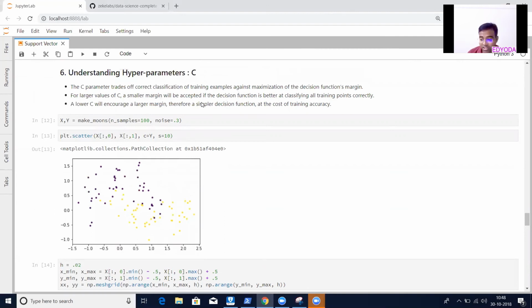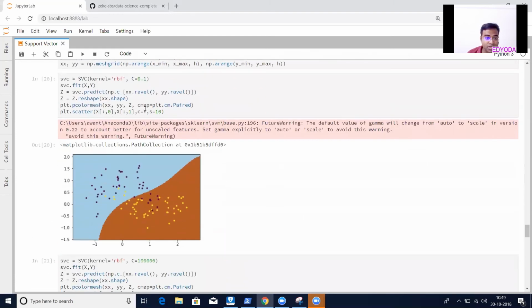Let's understand this with an example. We have data which is not linearly separable. As you can see, there is a certain amount of overlap over here. When you try to do SVC with kernel RBF and C equal to 0.1, this is the predictor you get, and you can see it's relatively generalized.